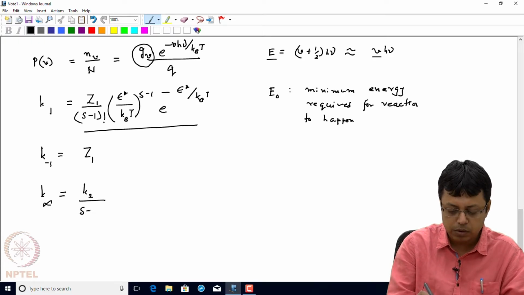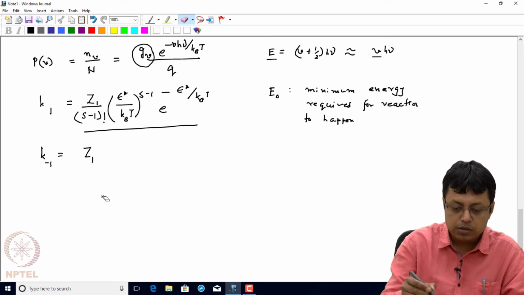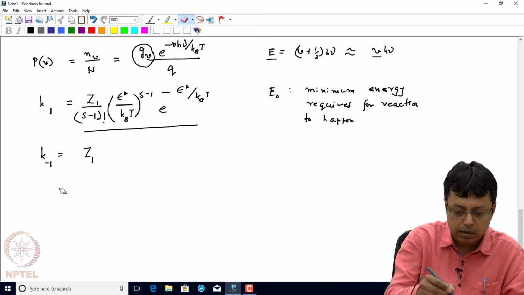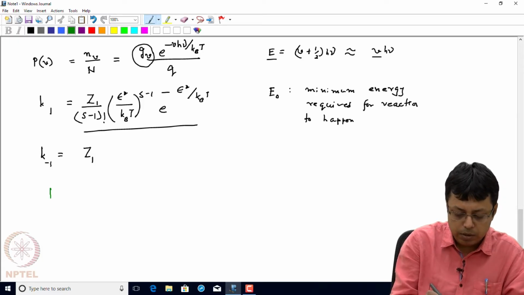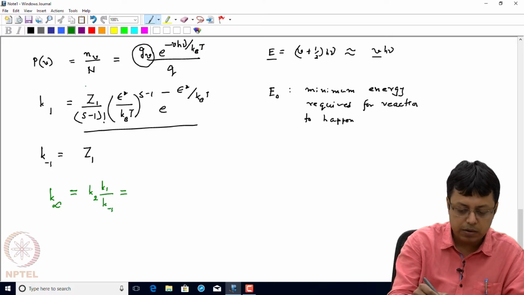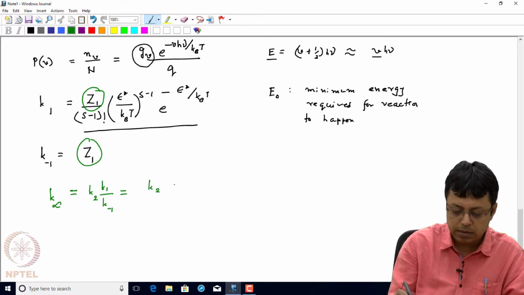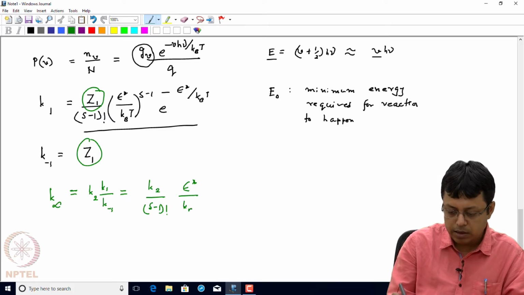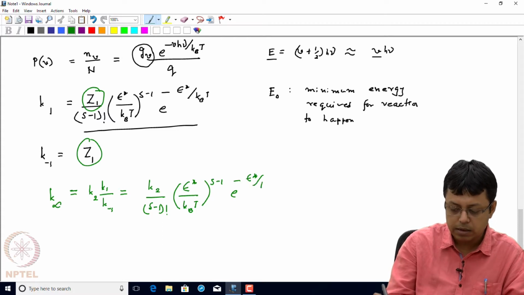So we say that K infinity, according to the Hinshelwood treatment, will be K1 by K minus 1 into K2, which is nothing but, now you can see this Z1 factor will cancel out, and what we'll have is nothing but K2 divided by S minus 1 factorial into E star divided by kBT raised to the power S minus 1, e to the power minus epsilon star by kBT.